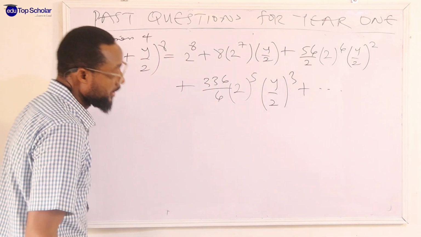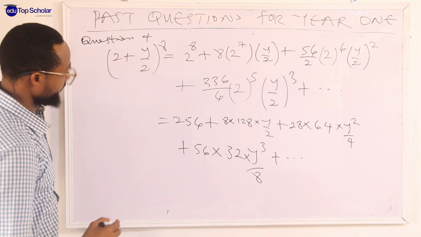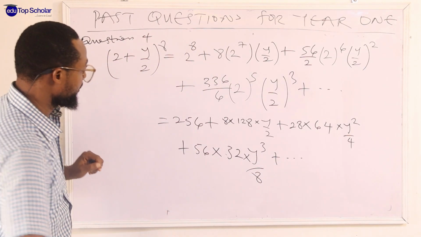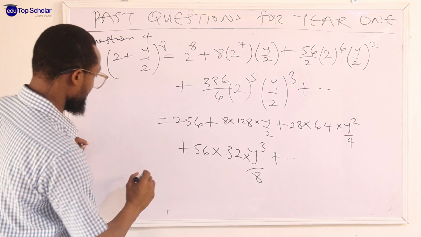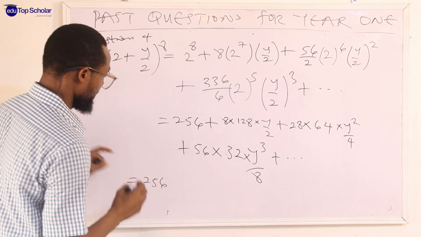And now this will give us, okay, dots. And now this will give us, I think I can still manage this place, 256.